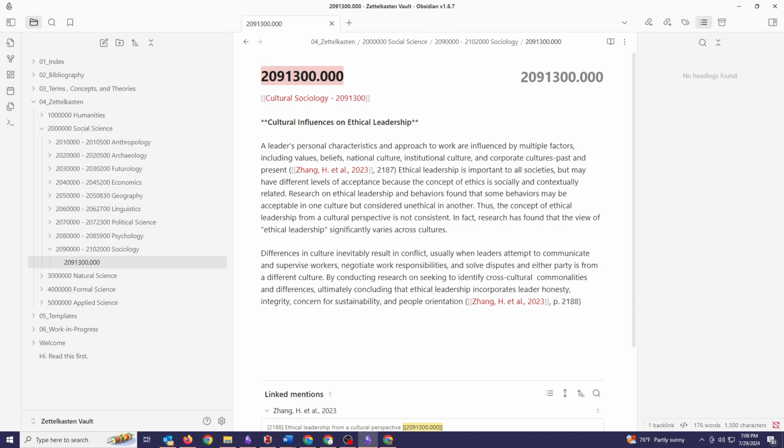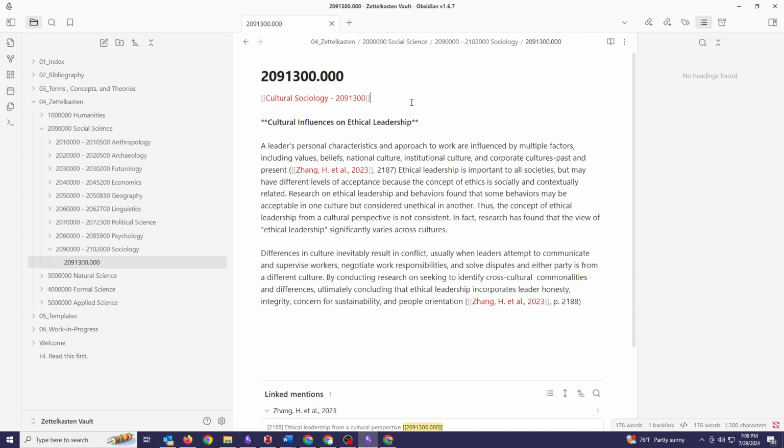I have opted to use it to name the card instead of the topic or concept because I wanted to be able to easily differentiate my Zettelkasten cards from index cards. At the same time, I wanted to make sure I tied that number to its overarching academic discipline. And so I can see here that this number is tied to cultural sociology.